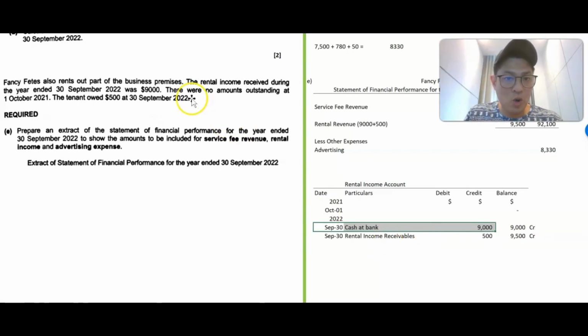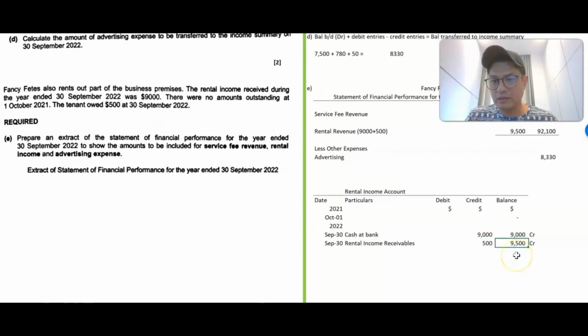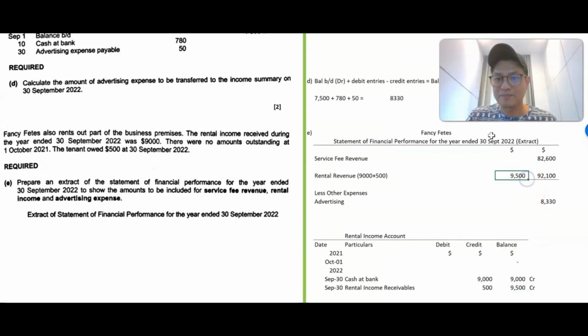And then your tenants owe you $500. That means you have a receivable of $500, and receivables are assets, which are debit in nature. So you would debit rental income receivable and credit the rental income account. You add up these two and it gives you 9,500, which I've plugged in here.